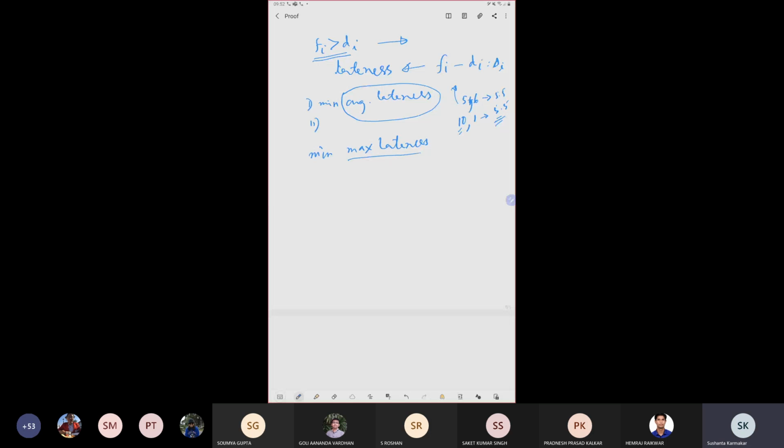Out of all these delta values, I find the max, and that I want to minimize. That somehow guarantees that all the other people who will be late will be late by not more than some max value. That's why this problem is called minimizing the maximum lateness.